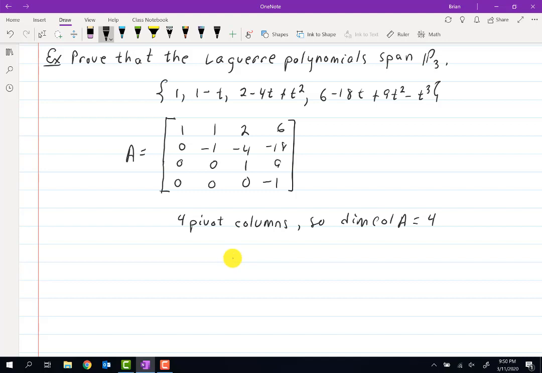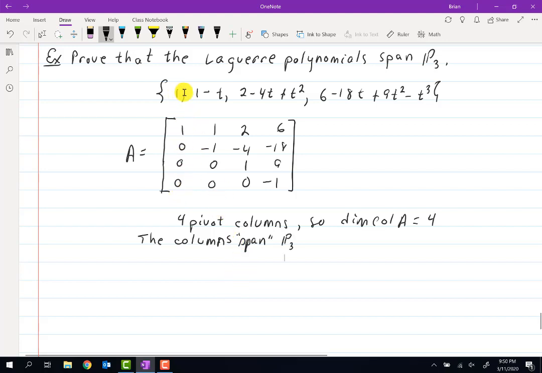Not only does it span, but this is an invertible matrix. It not only spans, but they're linearly independent. So this means the columns span, I'll put quotes around that, P3, because the columns are these things.